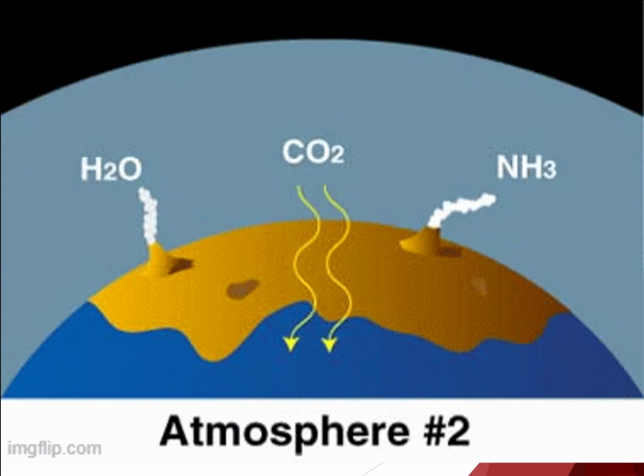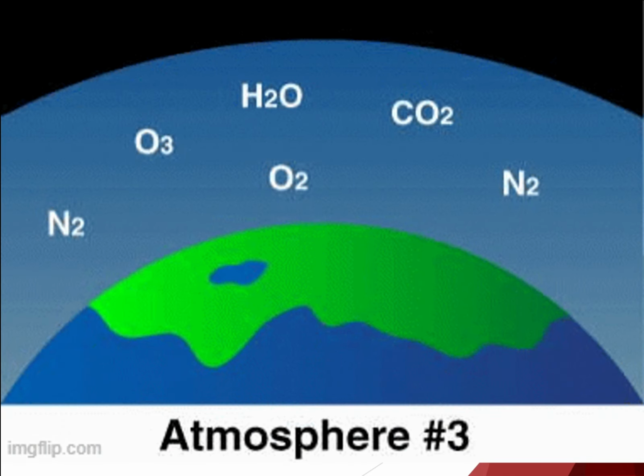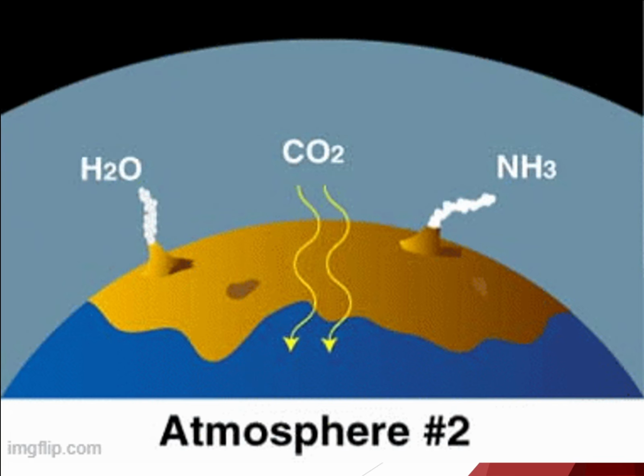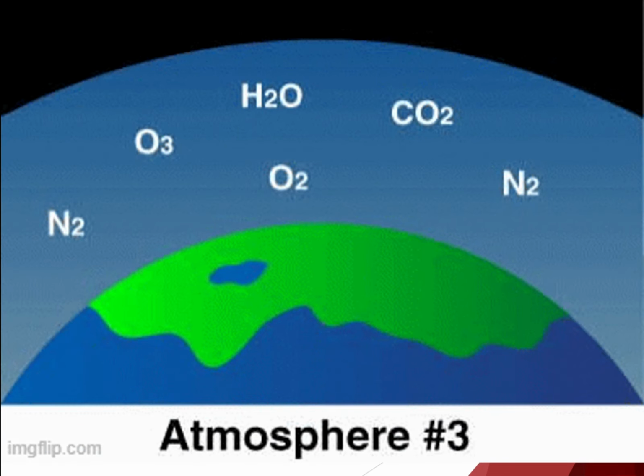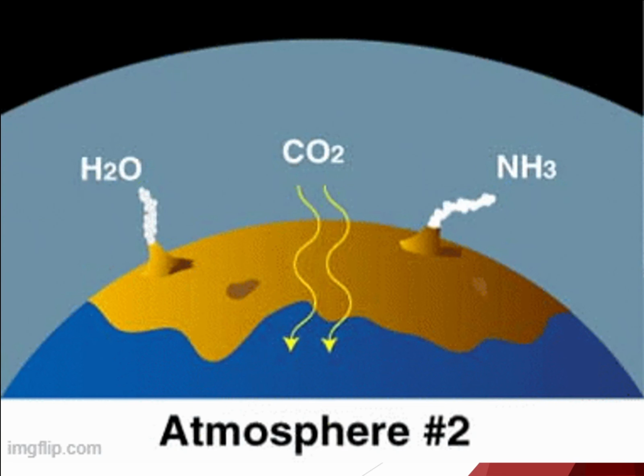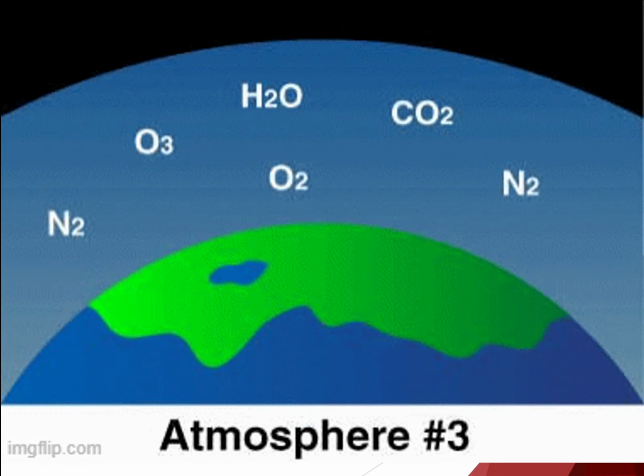Our first left-hand column today, Earth's early atmosphere. So we know that an atmosphere like ours is comprised of gases that surround the surface of Earth. The composition of gases in the atmosphere has changed quite a bit through time.